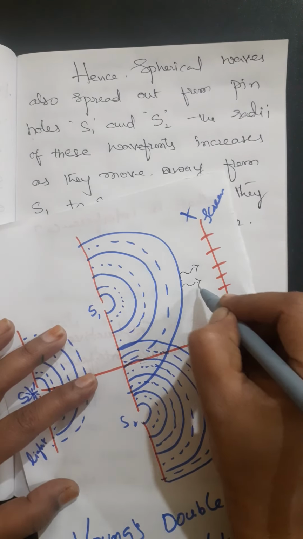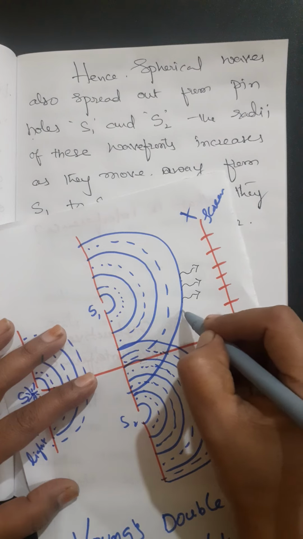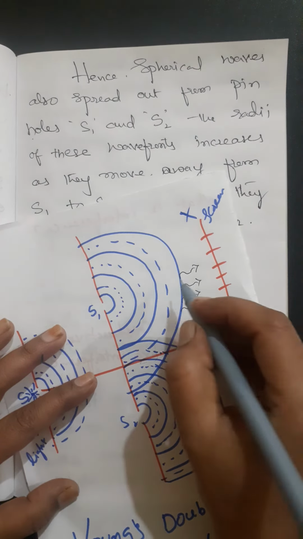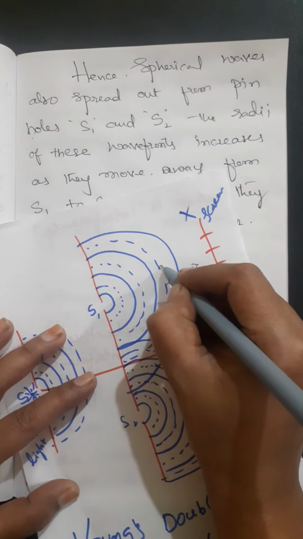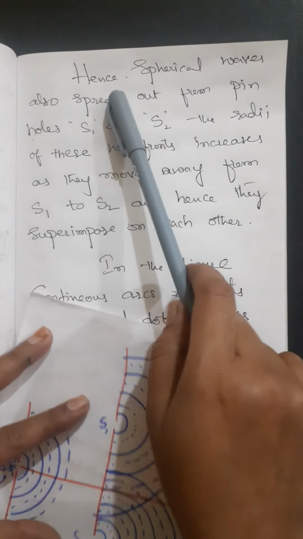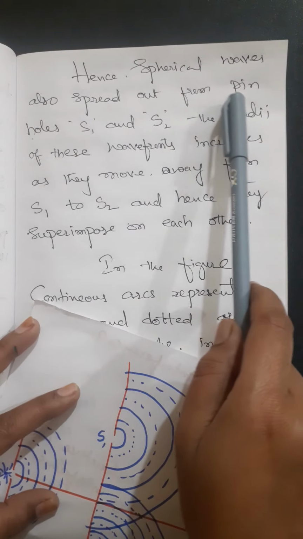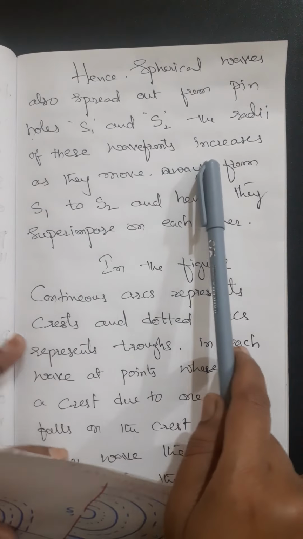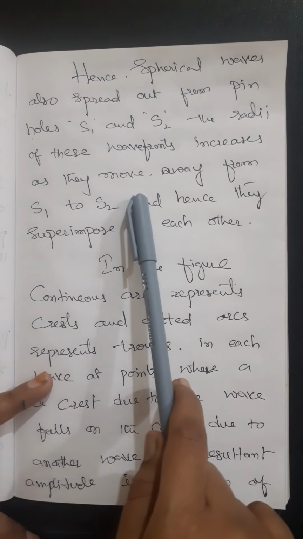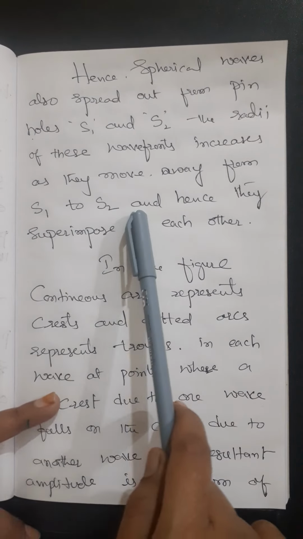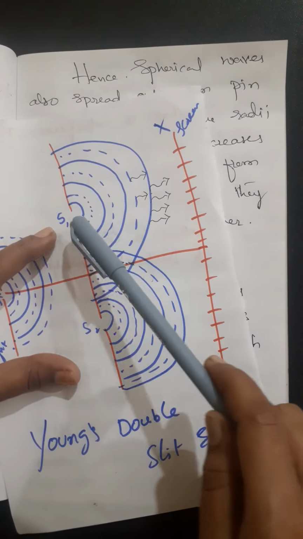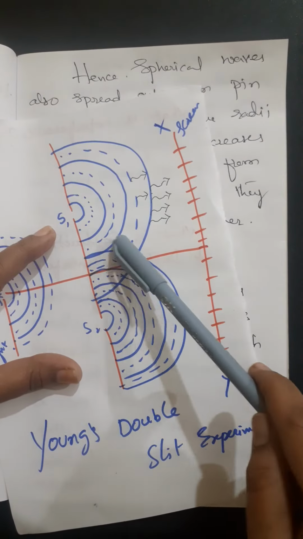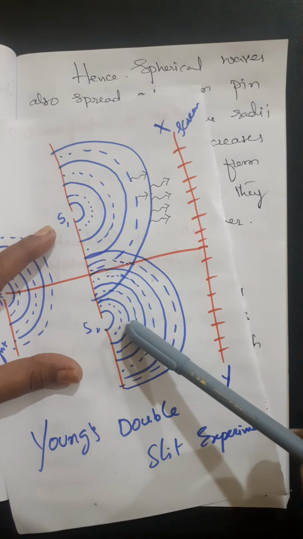Here each point on the wavefront means what? That is a small wave. So these spherical waves are spread out from pinholes S1 and S2. The radii of these wavefronts increase as they move away from S1 and S2.